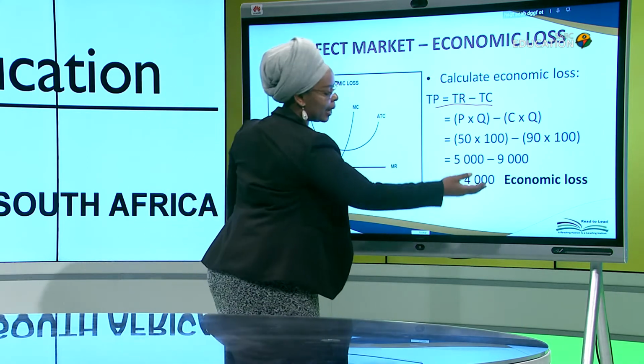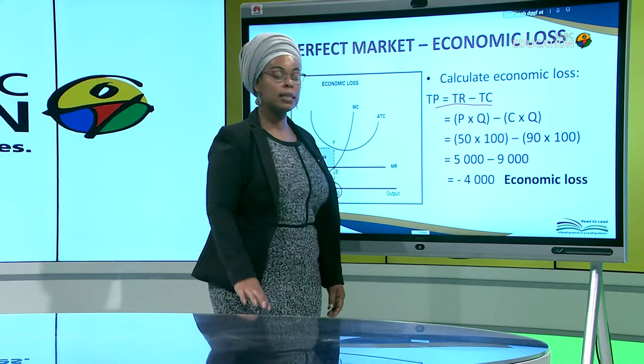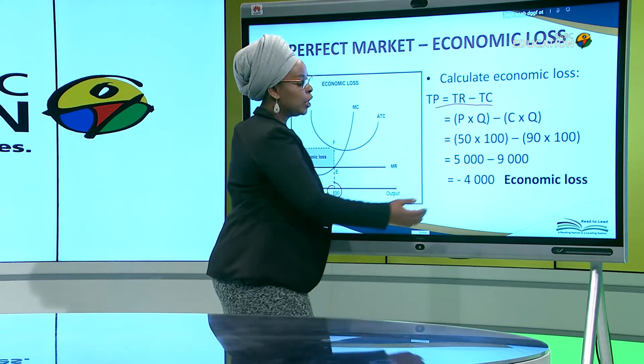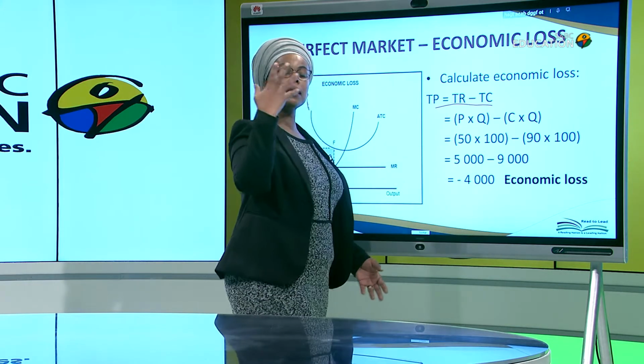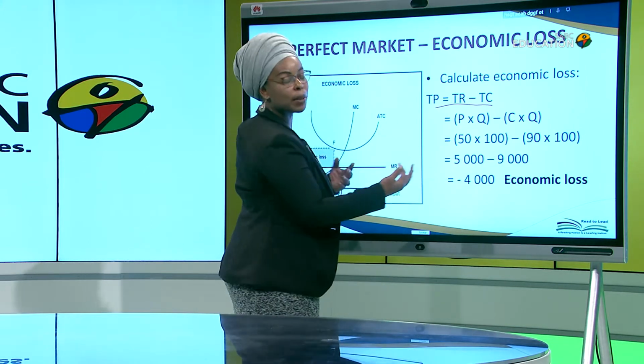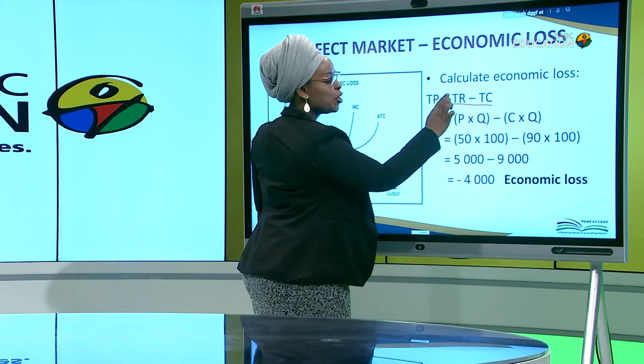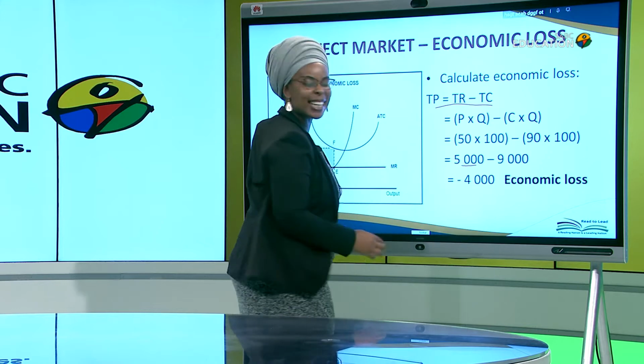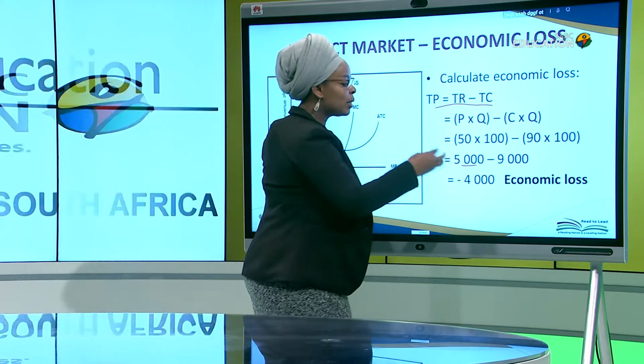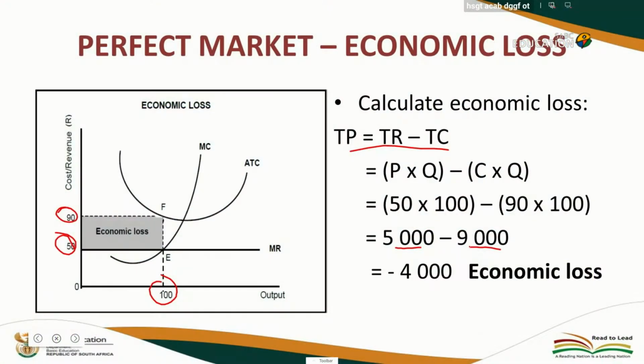Then you subtract. I know that your maths teacher at primary told you that it should be the highest value which will be subtracted with the smallest value. But in this case, no, there is no mistake. Your total revenue is 5,000. It's less. Your total cost is 9,000. It's more. It shows you that this business is spending more, but it's receiving less revenue.